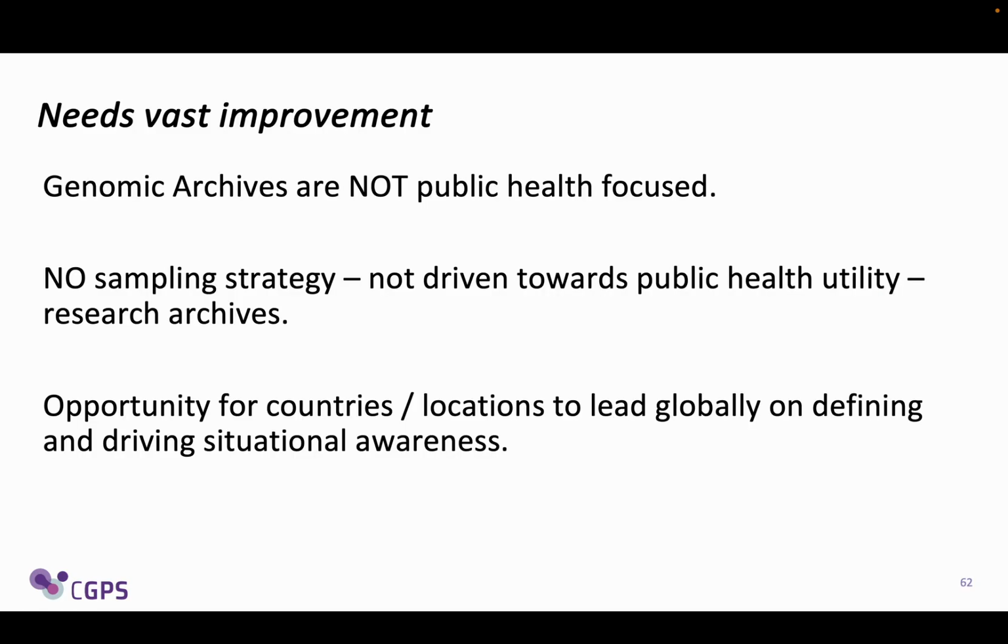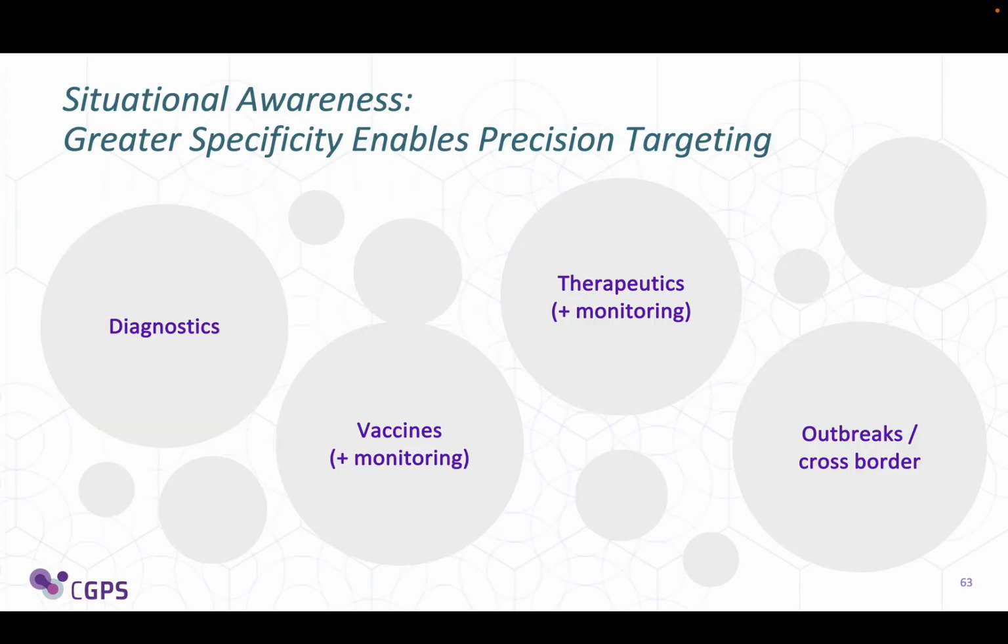We need vast improvement, both within the ability to represent data within the genomic archives, but also broader scale sampling strategies. And I think, again, the work that you're all doing around both structured surveys but also bringing together samples from across different countries really provides opportunities for countries and locations to exemplify the approach for bringing this information together in a much more defined fashion.